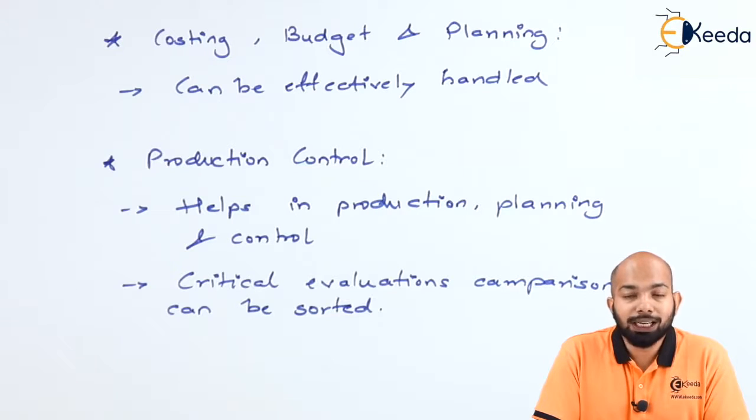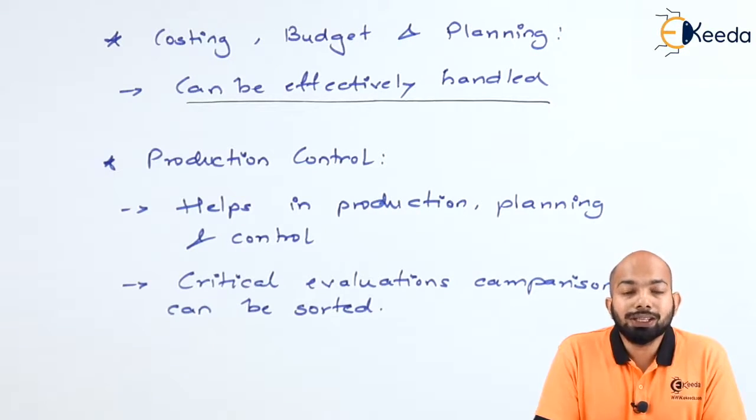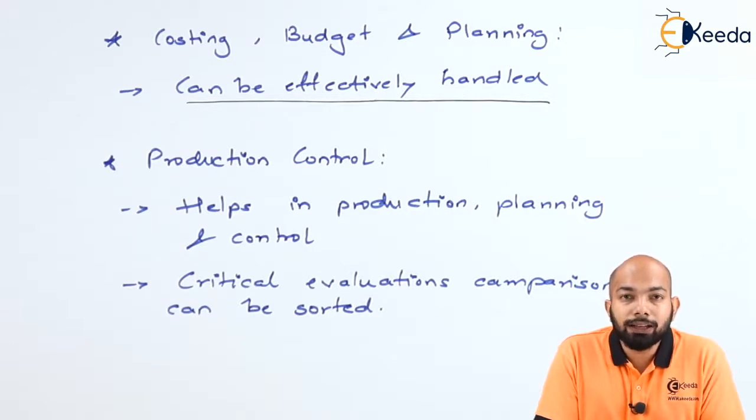Let's understand the first point that has been mentioned here. Now, as you know, costing, budgeting and planning, all three of them are completely related to accountancy. You need to have good costing, you need to have good budgeting so that you can allocate amounts for costing purposes, and you can have good planning as well.